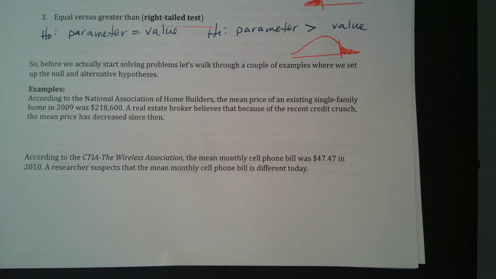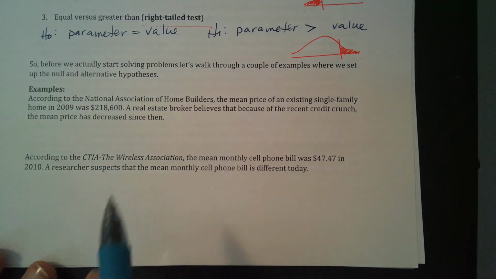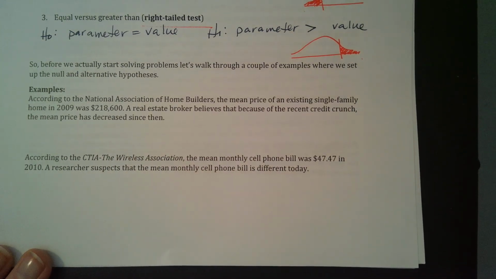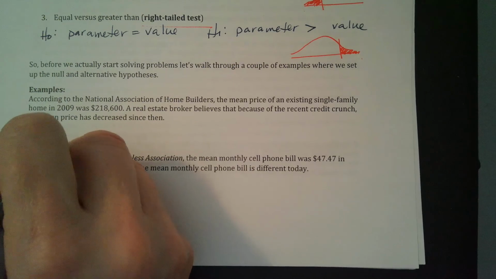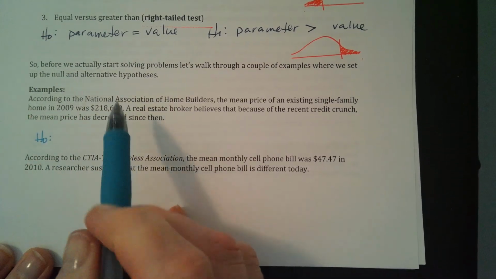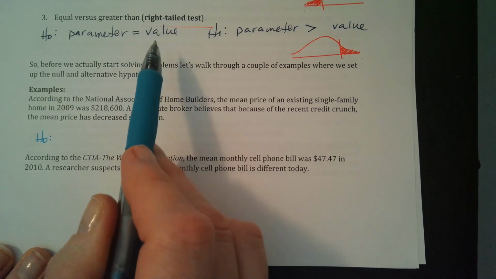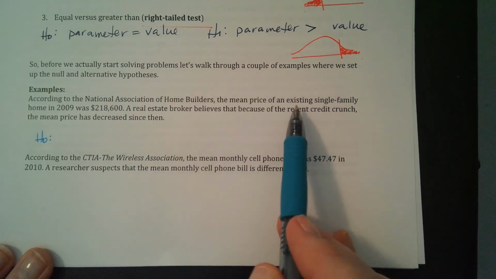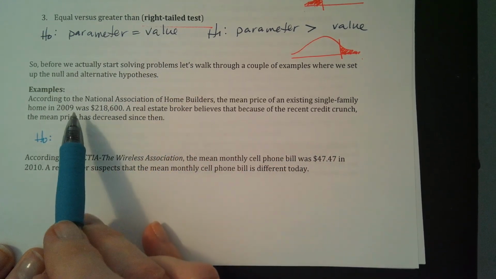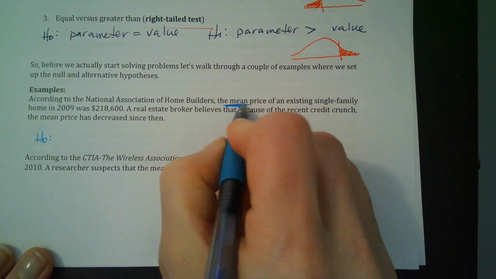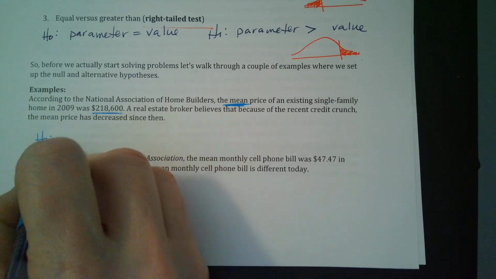A real estate broker believes that because of recent credit crunches, this mean price has actually decreased since this study. So let's come up with this null and the alternate hypothesis. Remember, the null hypothesis always states that a parameter equals some value. So the claim that's being made is that the average home is $218,000.